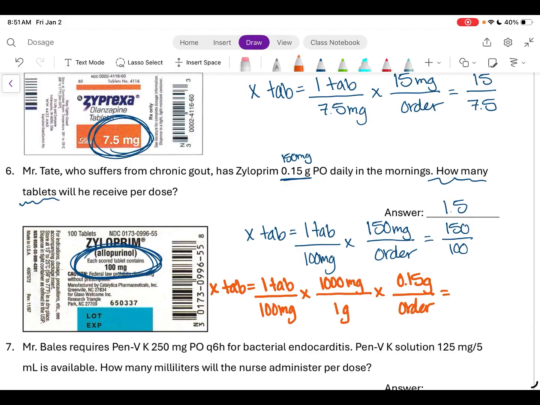You would take 1,000 times 0.15 and then divide by 100.